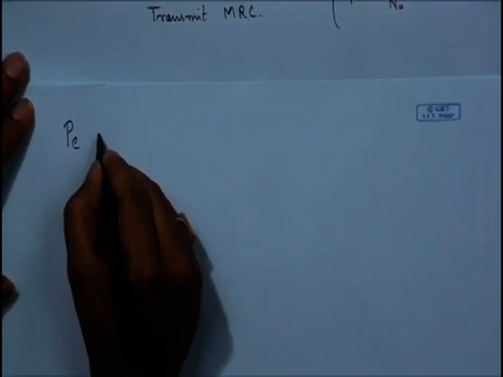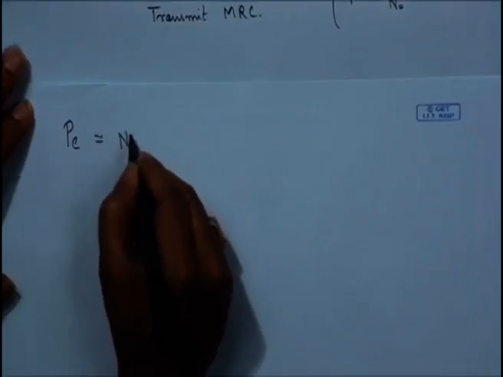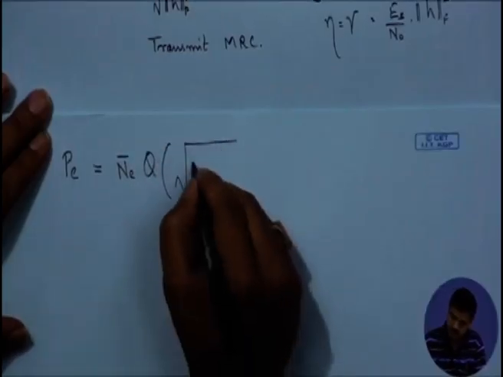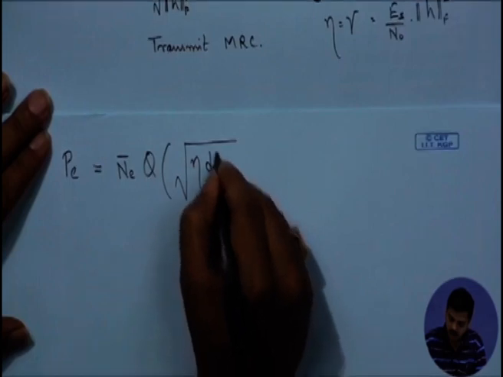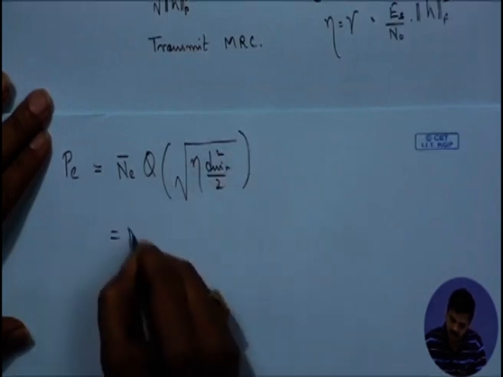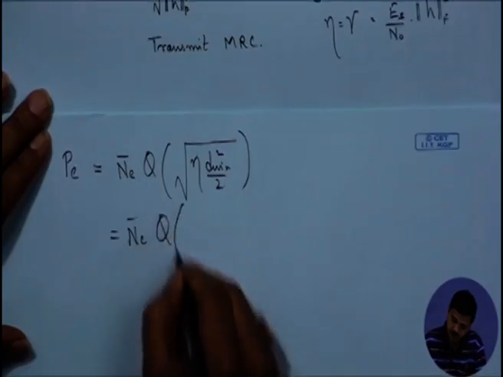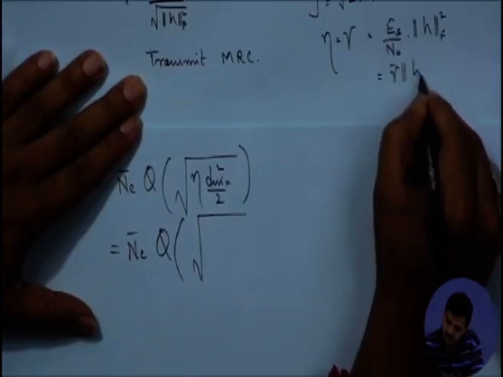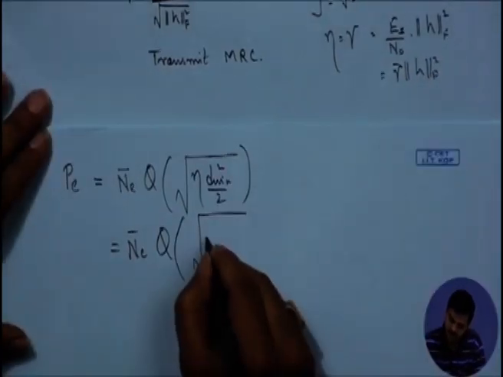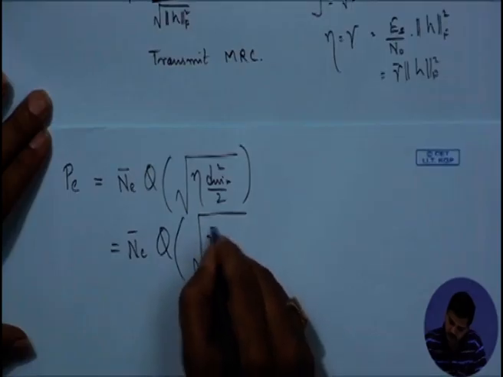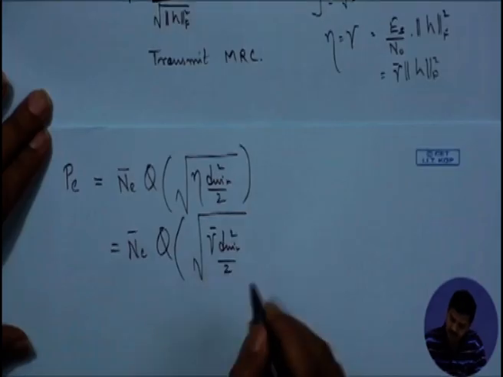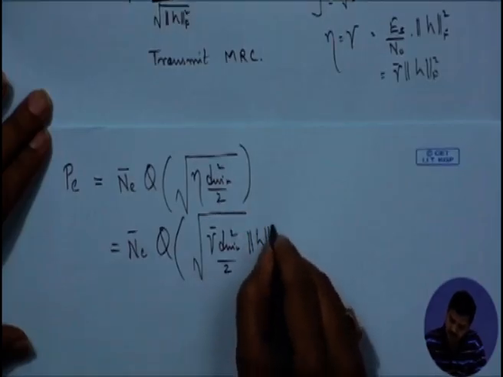So when we write the probability of error expression, it was approximately given as Ne bar Q function of square root of eta d min squared by 2. So that is Ne bar Q function of square root of, for this we could write gamma bar times the Frobenius norm of H squared. So basically we are going to have gamma bar d min squared by 2 times the Frobenius norm of H squared.